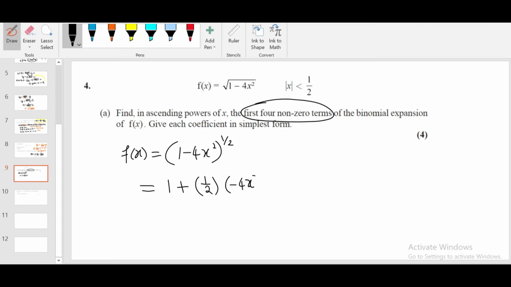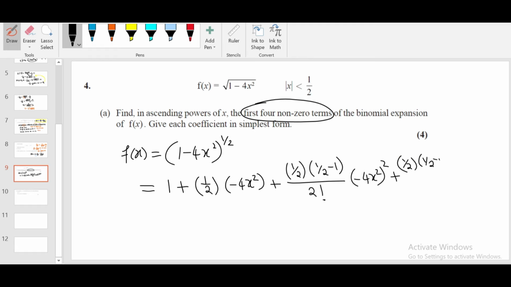You need to take the second term together with the sign, plus n times n minus 1 divided by 2 factorial, the second term square, plus n times n minus 1 times n minus 2 divided by 3 factorial, the second term cubed. That's all. We got 4 terms already.